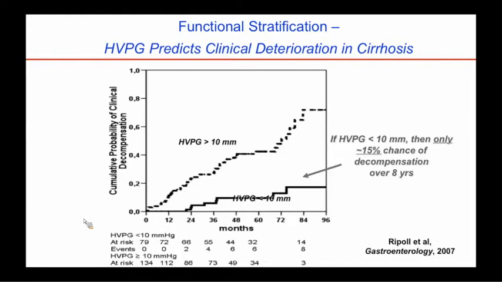Whereas patients who, at the onset, have a greater than 10 millimeter HVPG have somewhere around a 70% risk of decompensation. Now the challenge, of course, is number one, we don't want to be doing HVPGs on everybody. And number two, these patients are indistinguishable clinically. Of course, if you do endoscopy, you may see varices, which will indicate that the patient is in this group. But we still need better non-invasive markers of portal hypertension.